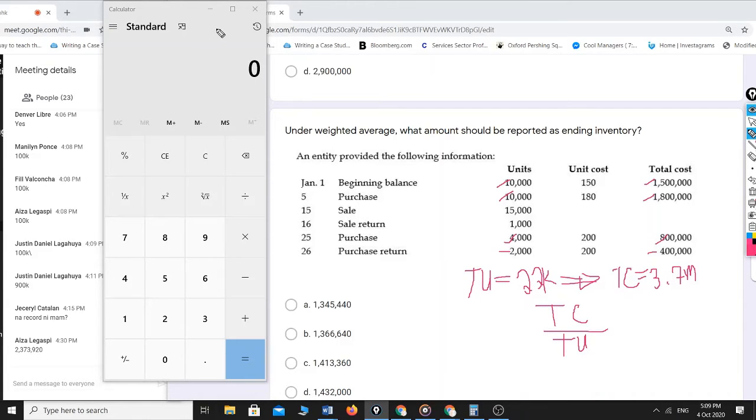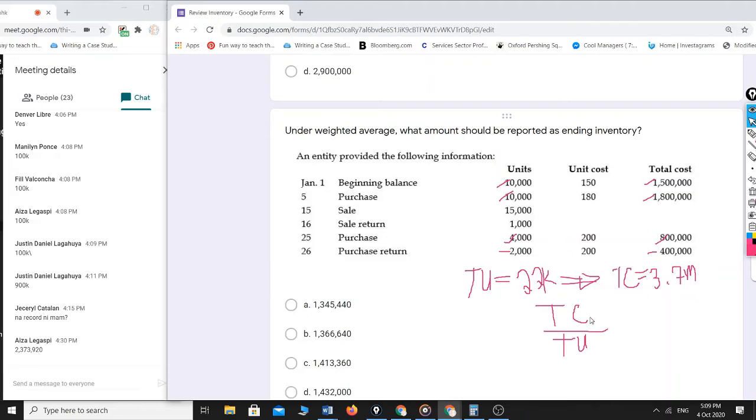Now, can you please compute the average cost per unit? Pila man atong average cost, guys? Can you please compute? Have you computed the average cost?